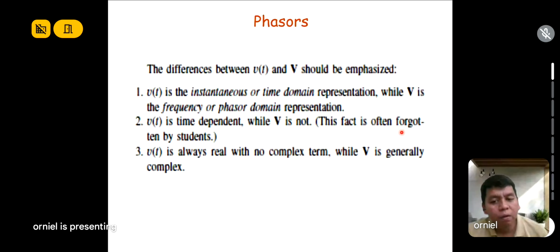In fact, this is often forgotten by students. Again, V of t, the time domain, is time dependent. The phasor, capital V, is not. Also the time domain is always real with no complex term, a real number. While the V has a complex number, with an imaginary part. So this is the difference between the time domain and the phasor domain.